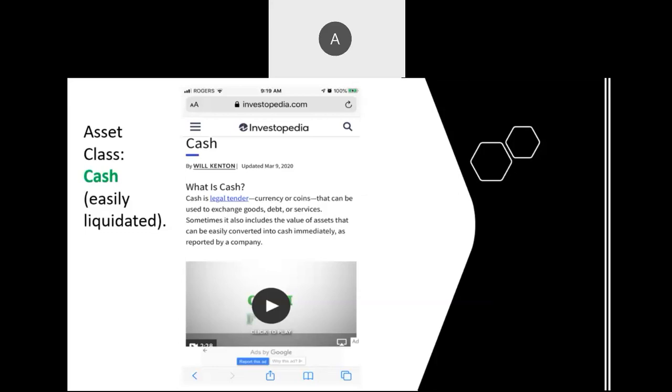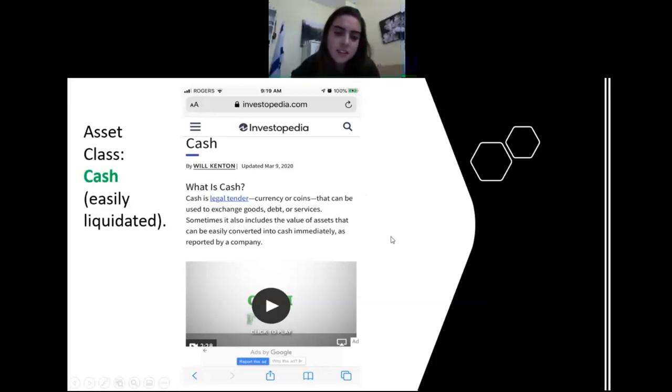I'm sure you've heard the phrase, cash is king. Well, cash is legal tender, currency or coins. Anything that can be converted into cash very quickly is also referred to as a liquid asset or cash. And those are the three main asset classes.